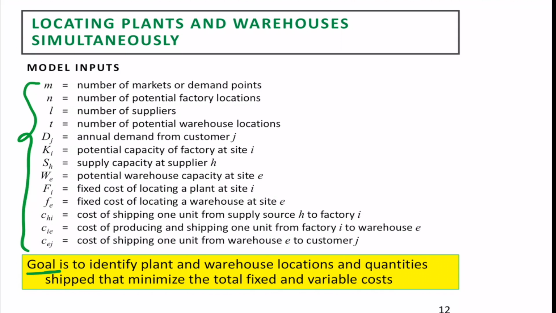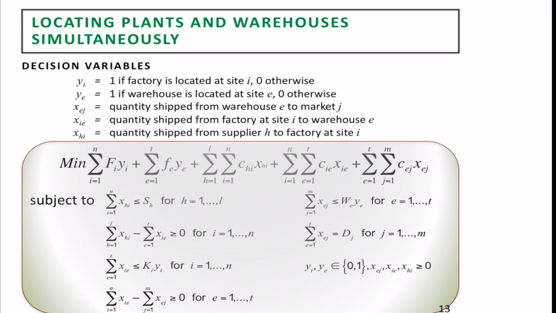And the goal is to identify plant and warehouse locations and quantities shipped that minimizes the total fixed and variable cost. If you look at the model in terms of model inputs and decision variables, this is listed here.